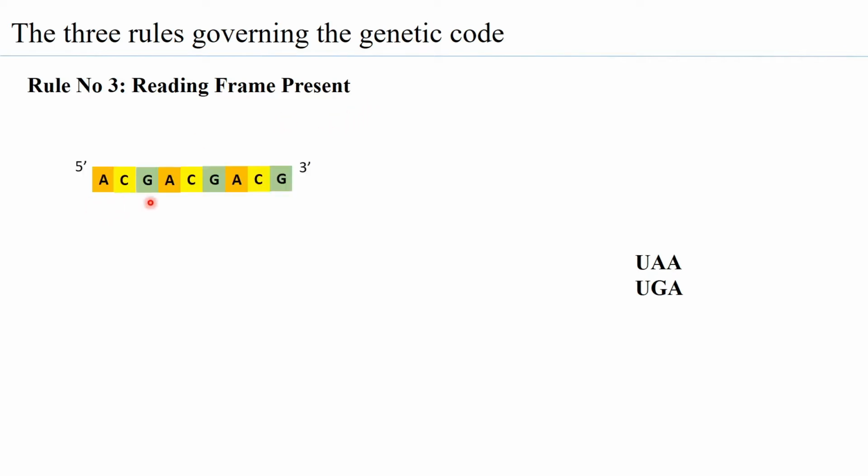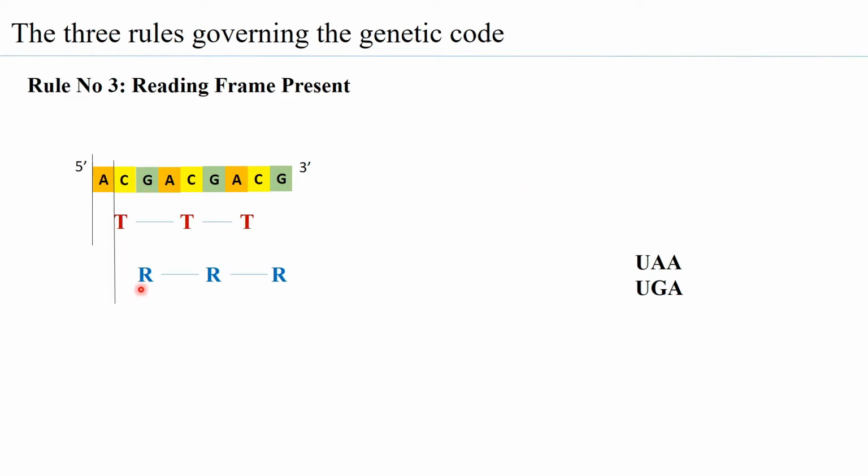Suppose you have a 9-mer, a sequence made up of 9 nucleotides, and it is read from the 5' end of the first nucleotide itself, then you have ACG, ACG, ACG coding for a tripeptide threonine, threonine, threonine. But if it is read from this point, the reading frame is different. So it is not being read from here, it is read from here. So now the reading frame will go as CGA, CGA, CGA, continued.